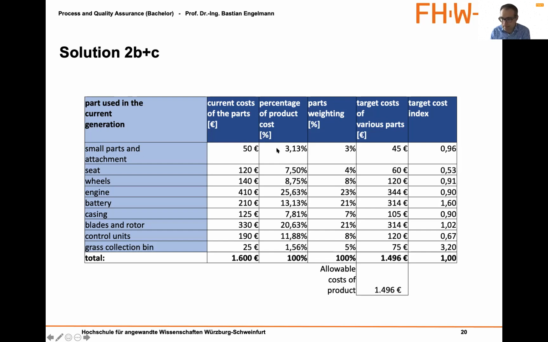I have to write it down because otherwise I forget while I am scrolling. So we have 3.13% for percentage product costs, and parts weighting 3%.